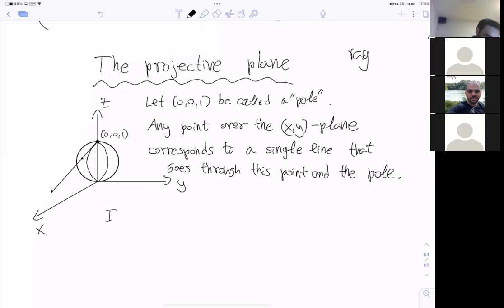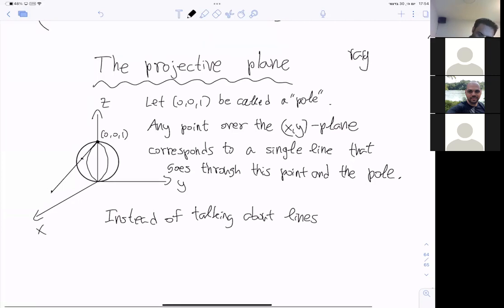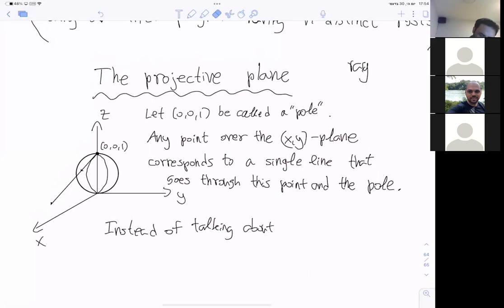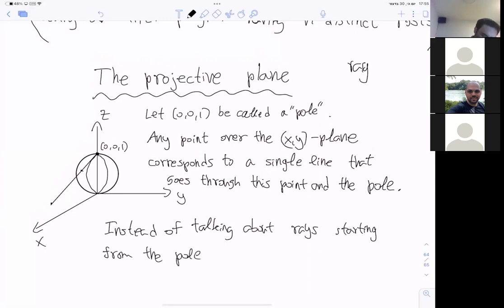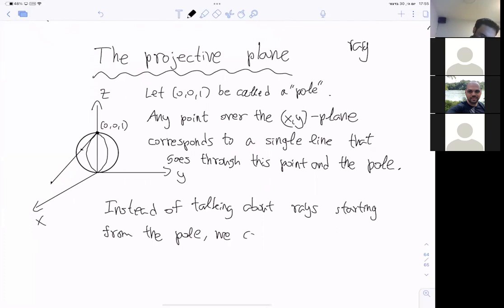Now, instead of talking about lines, or I would say rays starting from the pole, we can refer to the vector of this ray.